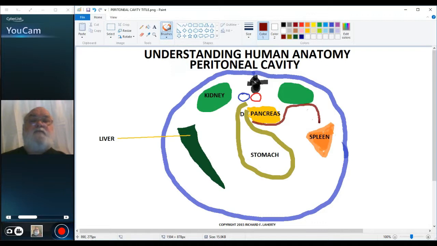Get half of the splenorenal ligament, half of the gastrosplenic ligament, and then the visceral peritoneum of the stomach. Again, the peritoneum associated with the pancreas would be parietal peritoneum.